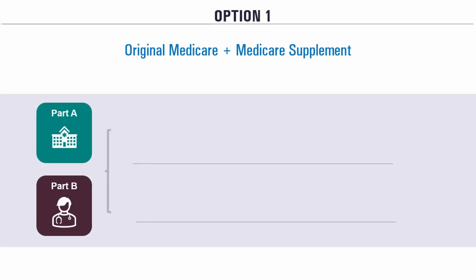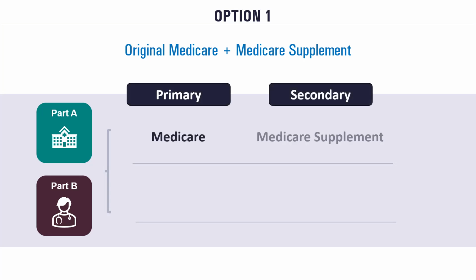All right, let's break down the three options, including who pays primary and who pays secondary. Let's go back to that first option, option one. When you have original Medicare with a Medicare supplement, the provider files claims directly to original Medicare as primary. Then the Medicare supplement would be secondary, and they're going to pay all or part of the remaining balance of approved Medicare charges.